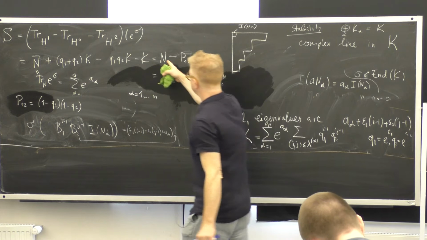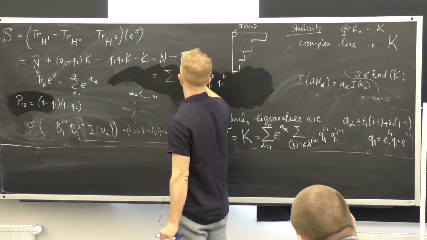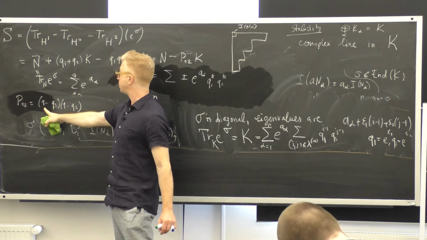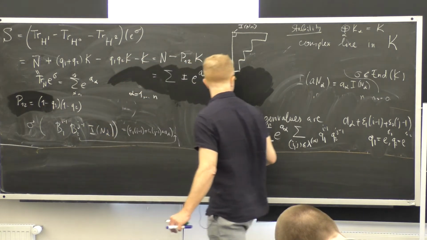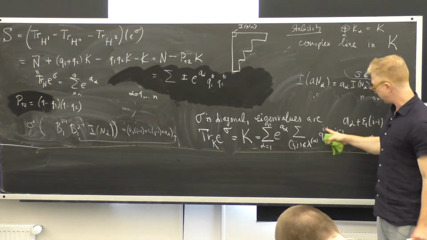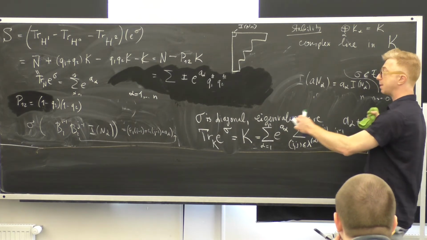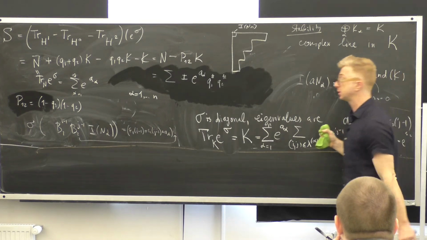Now, this alternating sum is easy to compute because when you multiply K by factors like 1 minus Q1 or 1 minus Q2, since you have some geometric series, this is some kind of a telescopic sum. So you get lots of cancellations.